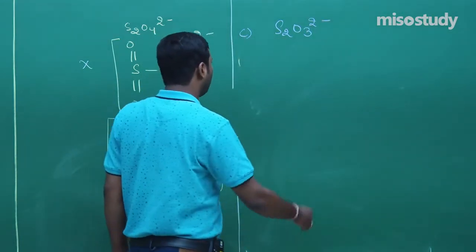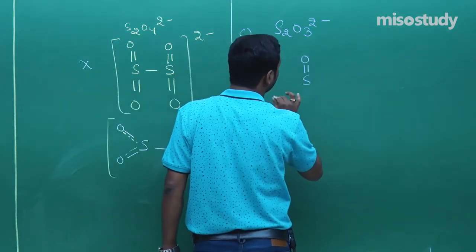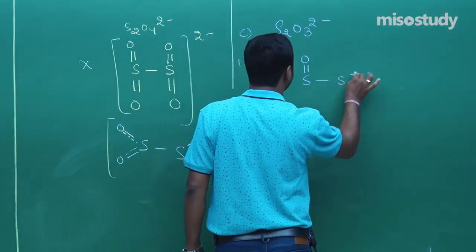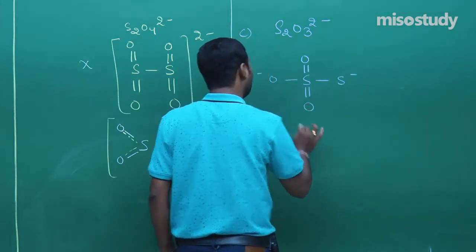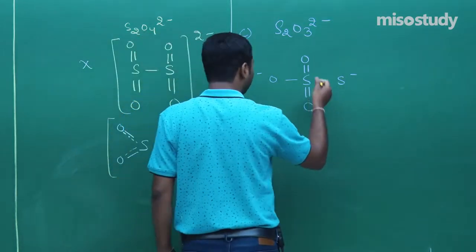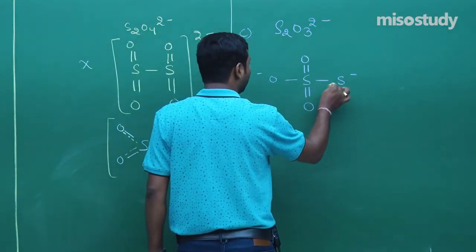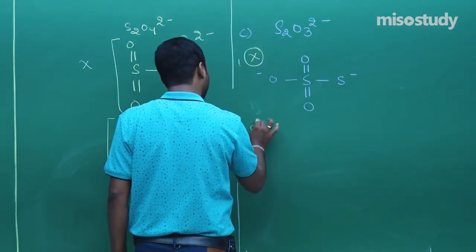Clear? Now what to do? That is S, O. Clear to you? That is S minus, that is O minus, that is S2O3. In this case, we again observe there is an S-S bond. So we can say this one is also not a correct option.